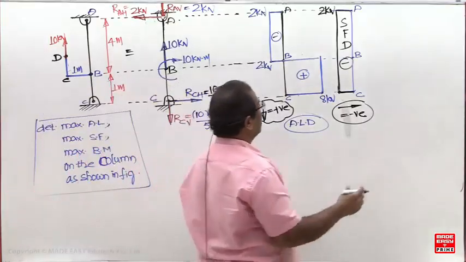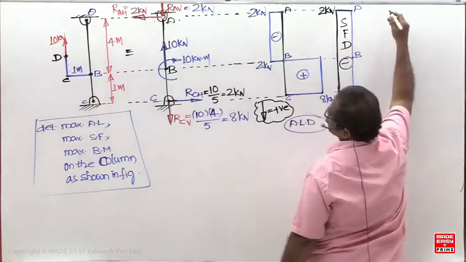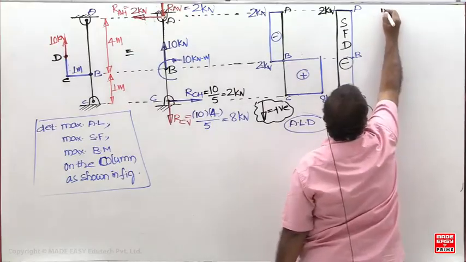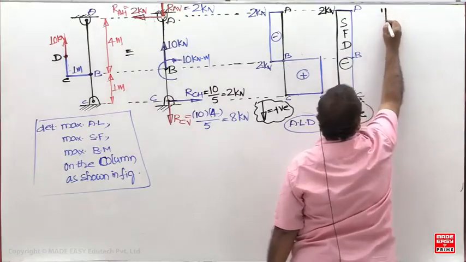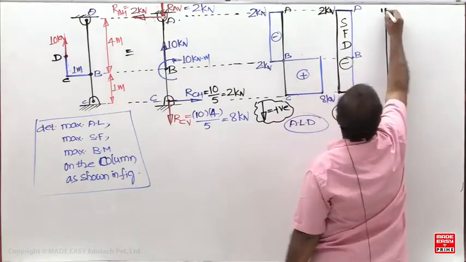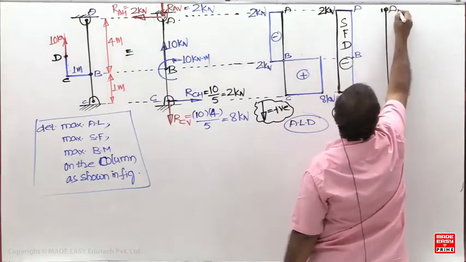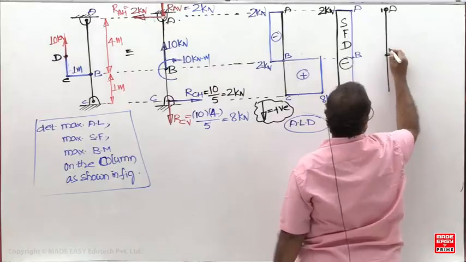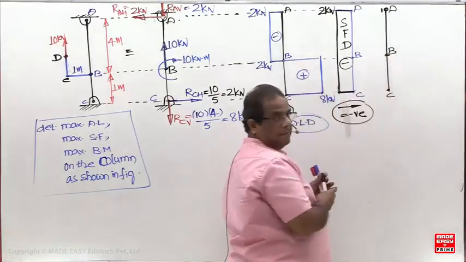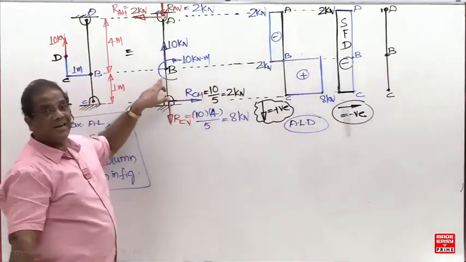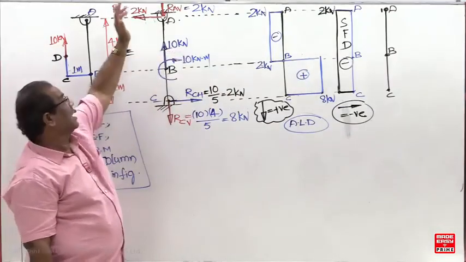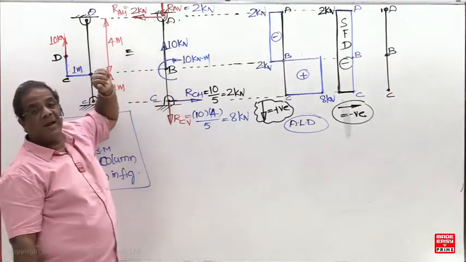Next, what about the BMD? Bending moment at the extreme end is 0, since there is no couple. But here how many times do you have to calculate? Two times. So I am neglecting this now. I have taken above. The bending moment is the algebraic sum of moments.